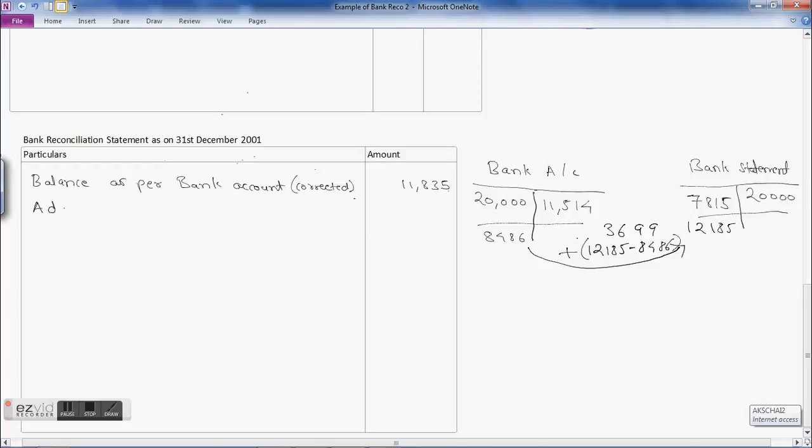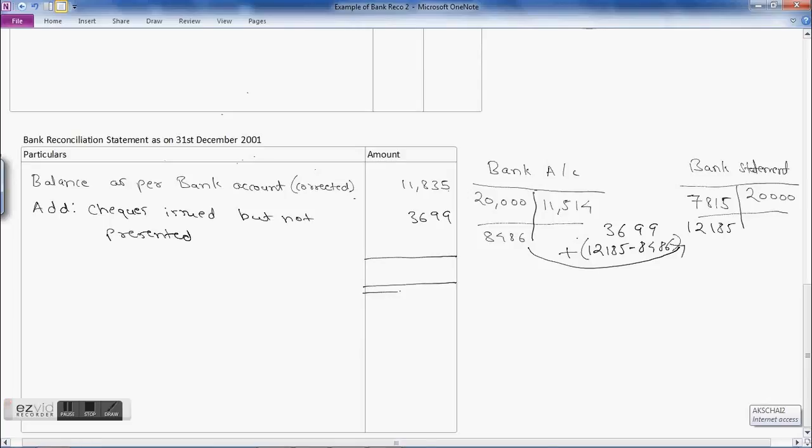So here I'll put it as add checks issued but not presented: 3,699.